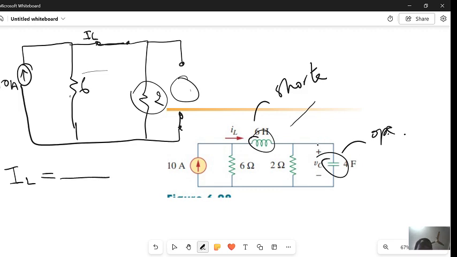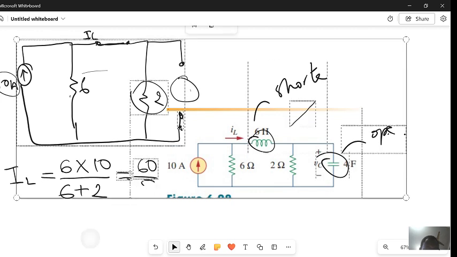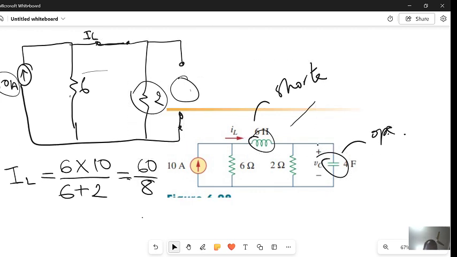It's going to be 6 multiplied by 10 divided by 6 plus 2, which is 60 divided by 8, equal to 7.5. So I will have IL equal 7.5.